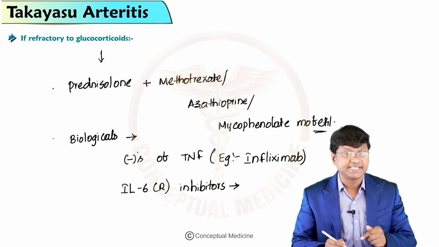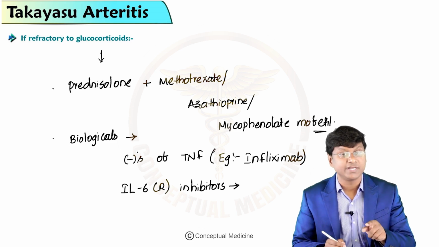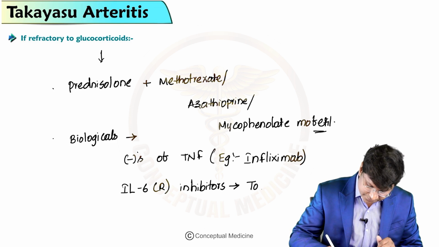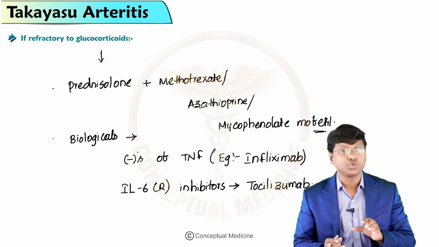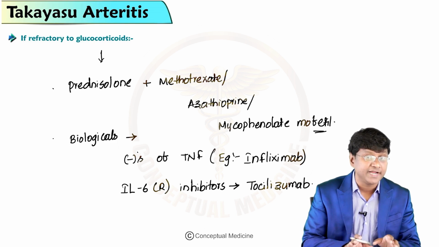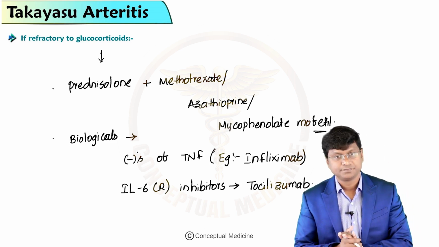Interleukin 6 receptor inhibitors, they include tocilizumab, right? They may be effective for patients who are refractory to prednisolone, right?